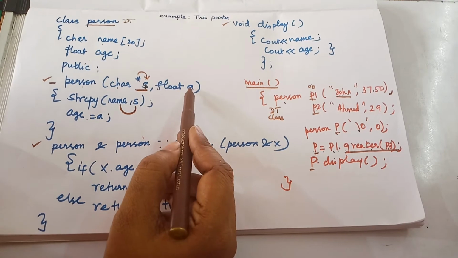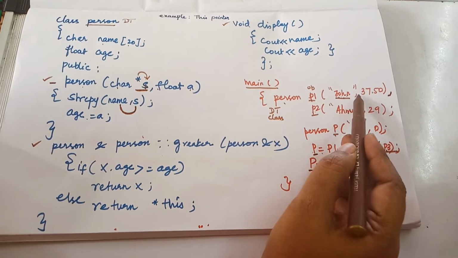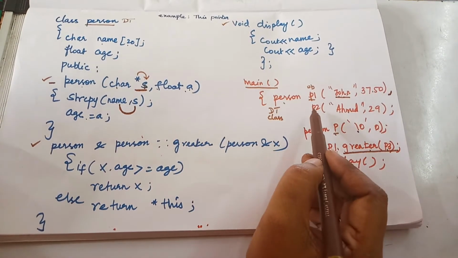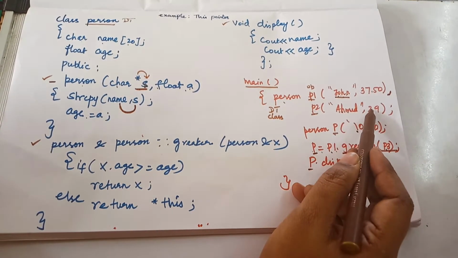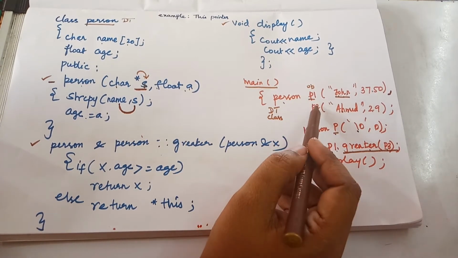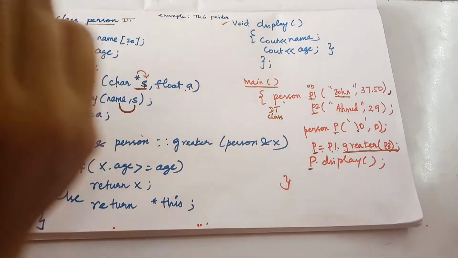Float age. So while I am passing John and 37.5, then A is equal to 37.5. For P2, Ahmed and the age is 29. Like that it will vary based on the object we are calling for.